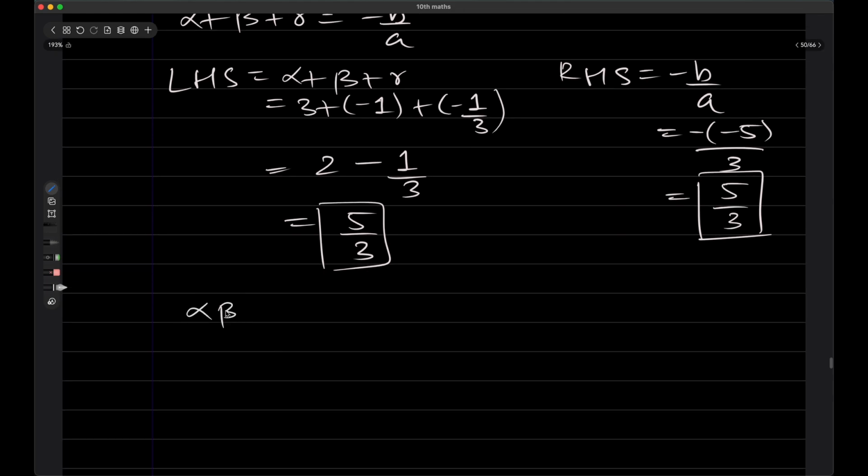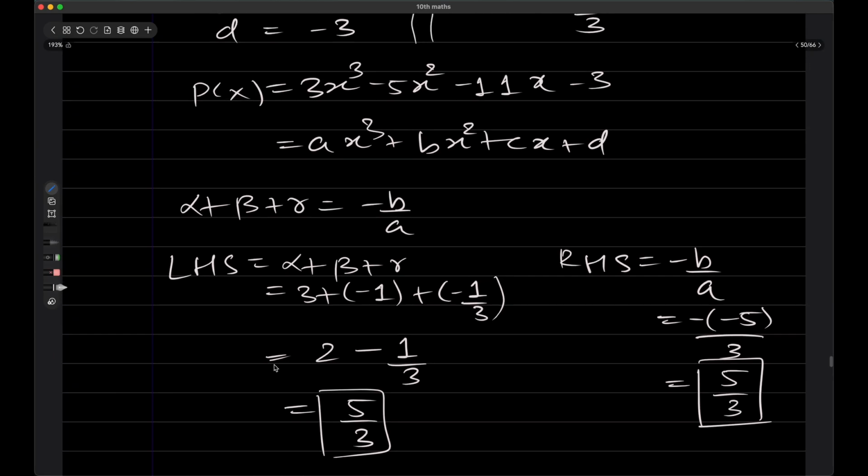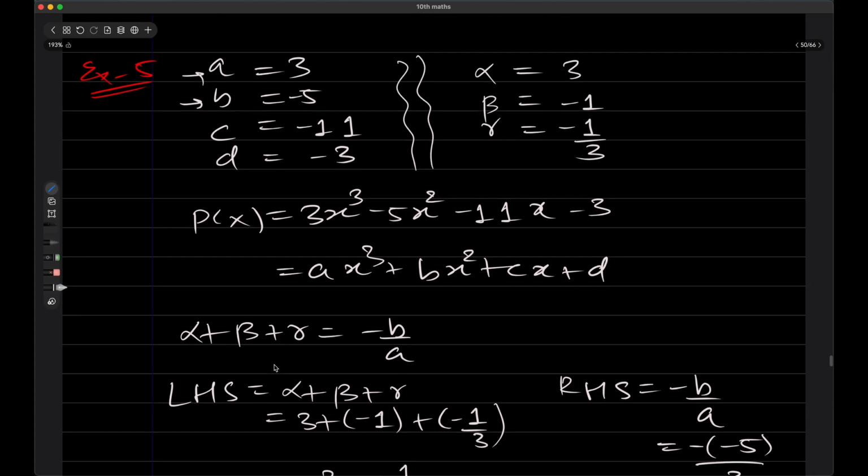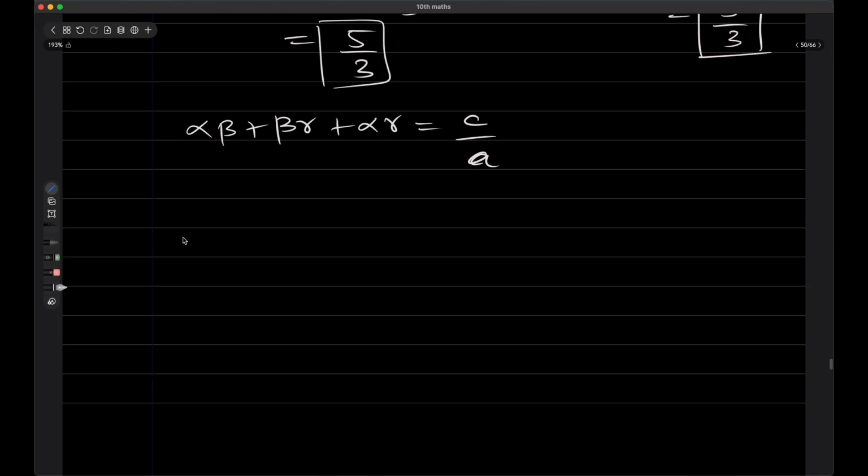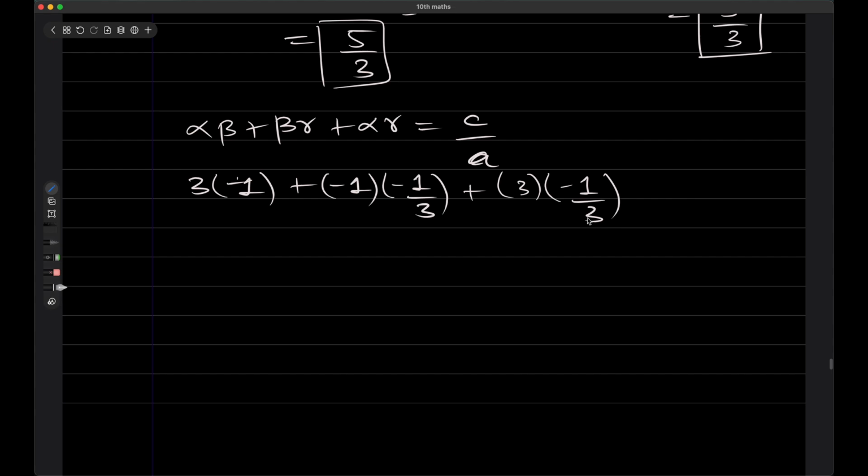We have alpha beta plus beta gamma plus alpha gamma equals c divided by a, where the zeros are 3, minus 1 and minus 1 by 3. LHS: 3 into minus 1 is minus 3, minus into minus is plus 1 by 3, plus into minus is minus, 3 by 3 is 1.